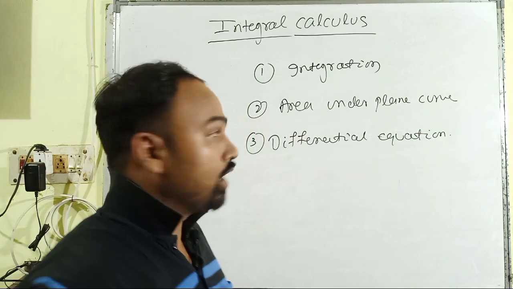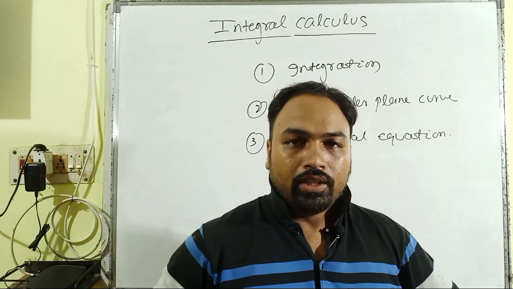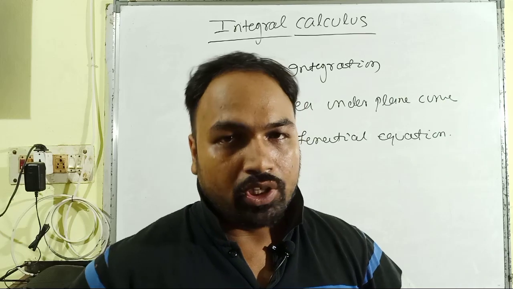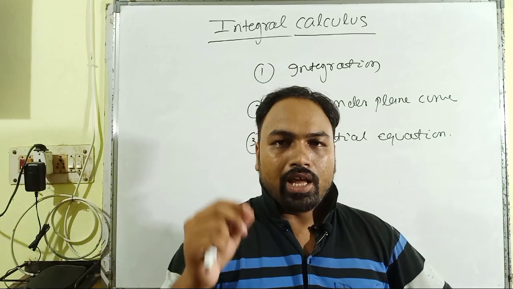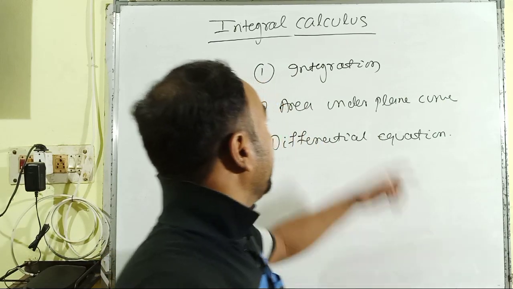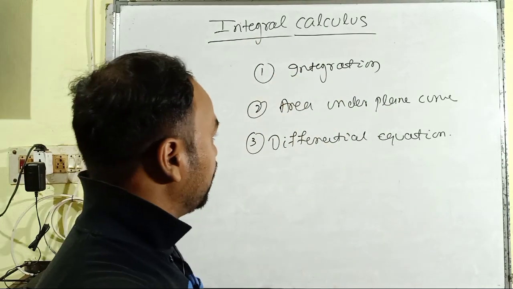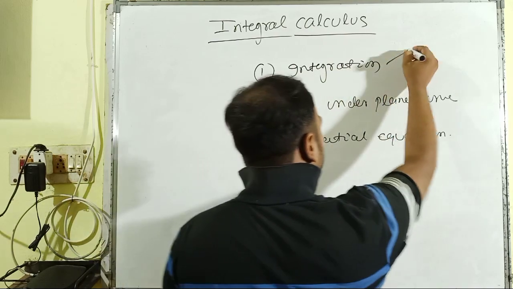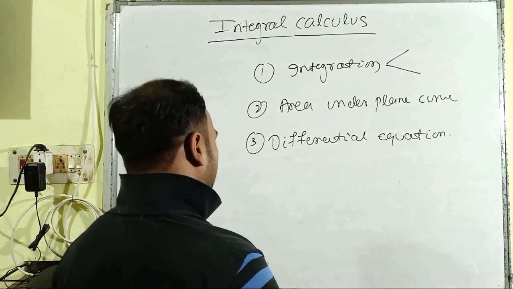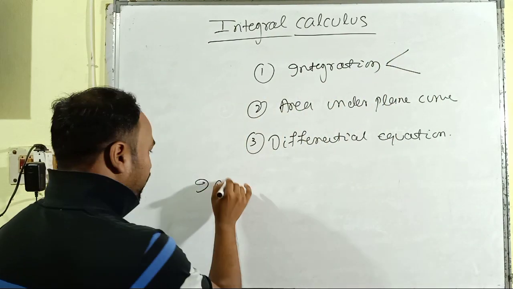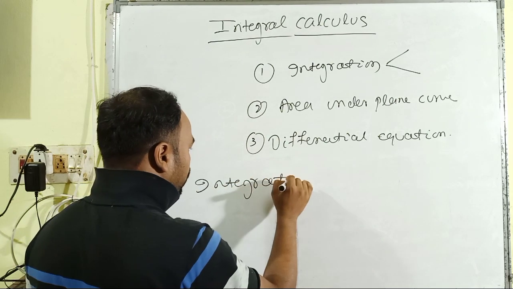I have already told that this is a very important topic because this is the largest and biggest topic of second year mathematics, and there are so many formulas in integral calculus. Before going to integration, let us see that the topic integration is divided into two types.